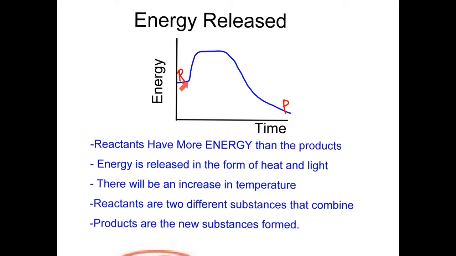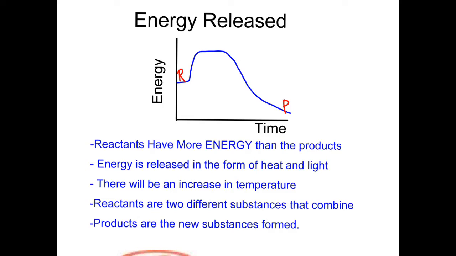So once that initial activation energy is there for the chemical reaction to occur, you can see all this energy is released. The reactants had a higher amount of energy than the products, so the products are at a lower energy level.